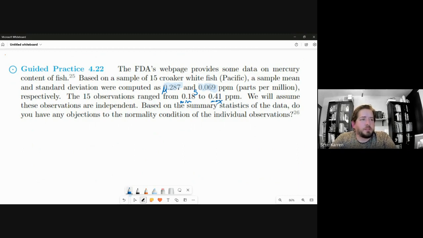But based on the summary statistics of the data, do you have any objections to the normality condition of the individual observations? What we'll do here is test to see how far out my minimum and my maximum go. If one of these is way off, like 10 standard deviations away, I might have a problem with that. So I really just want to figure out how far out these are.